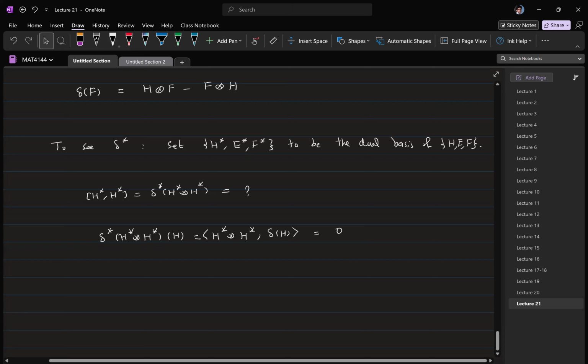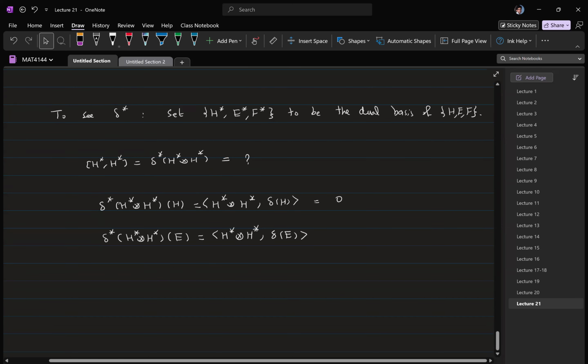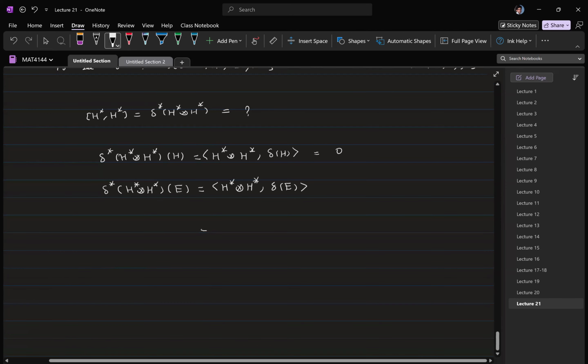Okay. What about delta star of this guy at E? So this is H star, H star evaluated at delta E. But what is delta E?